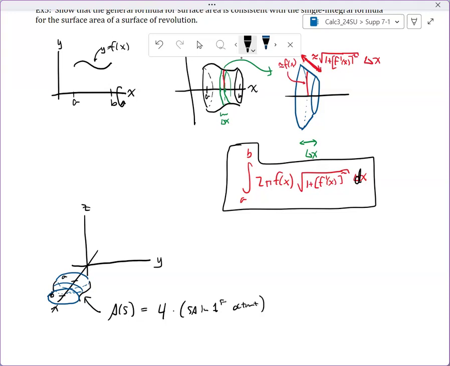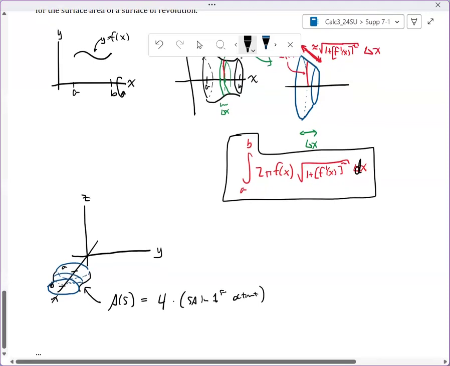So this lets me make z bigger than 0 and y bigger than 0. And that just gets rid of some annoying little details with absolute values and things like that that we might have to be really careful of otherwise, or plus and minus square root kind of things. So we're just going to deal with the first octant, and then we're going to multiply by 4 to get the whole surface area.